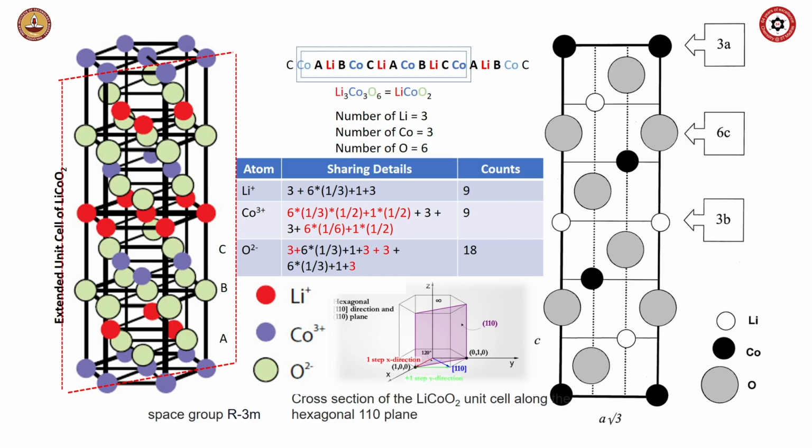So between C and A I put cobalt. And between A and B I put lithium. So I repeat it like that. How long do I repeat? Until I get again cobalt between C and A.